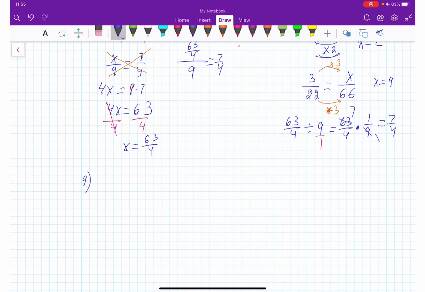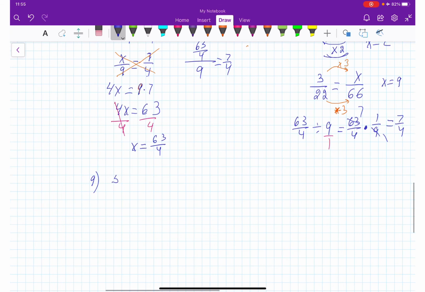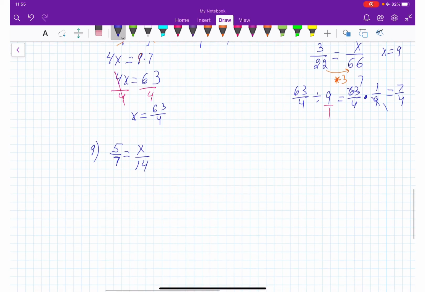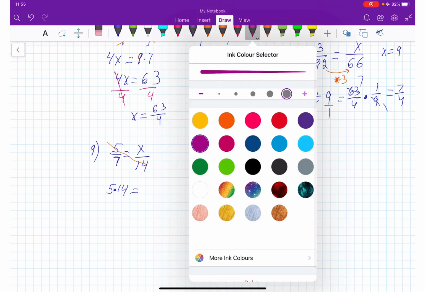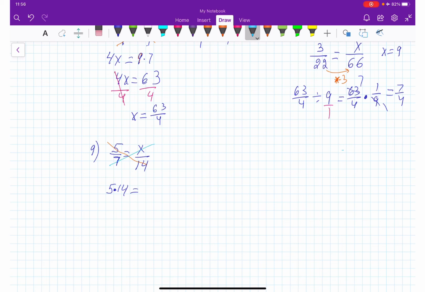Let's do another proportion. 5 over 7 is equal to x over 14. Okay, remember what I said: cross multiplication. 5 times 14 is equal to 7 times x, 7x.